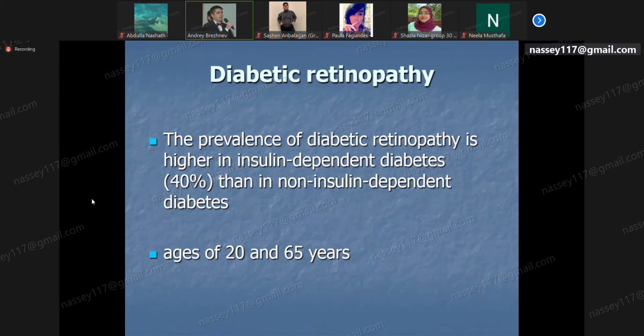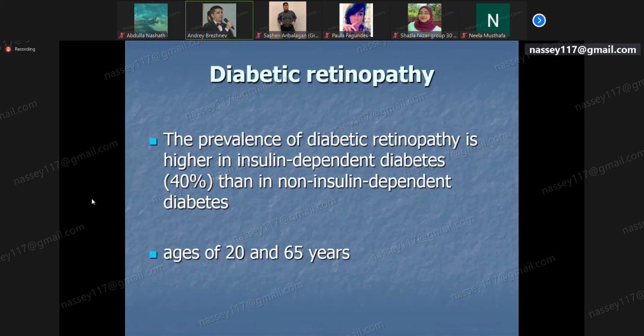Diabetes, as you know, is characterized by sustained hyperglycemia secondary to lack of endogenous insulin. This is one of the most common causes of legal blindness in individuals between the ages of 20 and 45.